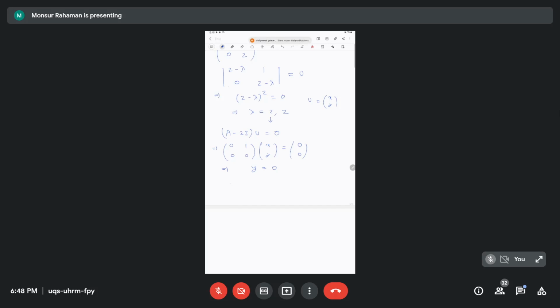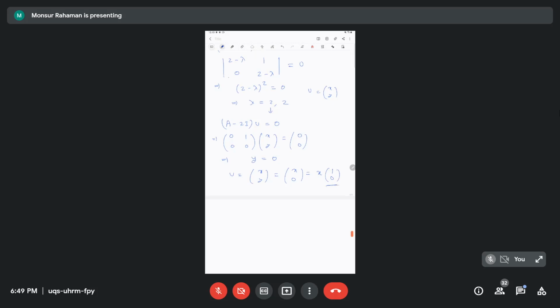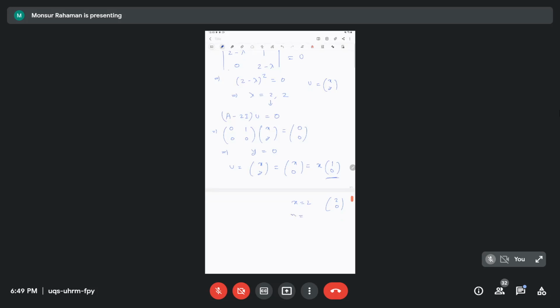So v equals x, y, you put y equals 0, then x you take as 1, so v is 1, 0. This is your eigenvector 1, 0, because up to independence it is 1, 0, otherwise it can be infinitely many. If you consider x equal to 2, then 2, 0 is also an eigenvector. If you consider x equal to 1 by 3, then 1 by 3, 0 is also an eigenvector.